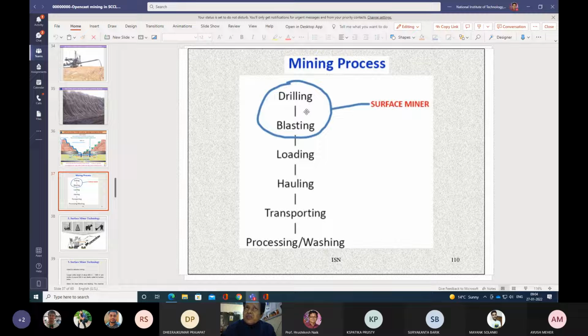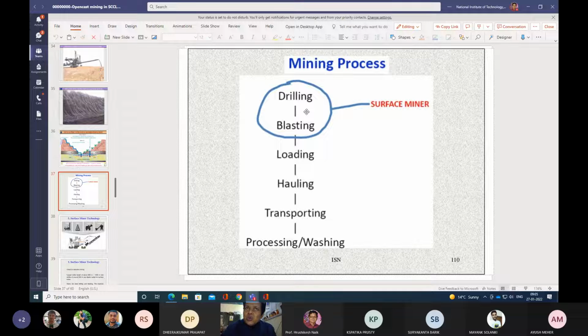And since just now we discussed the dust problem in the mines, drilling and blasting, loading and transportation, these are the four mining unit operations: drilling, blasting, loading and transportation.